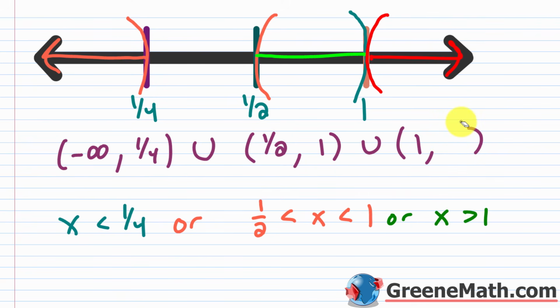So nothing here is actually included. That's why there's a parenthesis basically everywhere. And if you wanted to replace these with an open circle instead of the parenthesis, that's fine in each case, right? That's what a lot of books will do. I'm just used to this notation. So this would be your full answer. Graphically, this is anything less than 1/4, or anything between 1/2 and 1, or anything greater than 1.